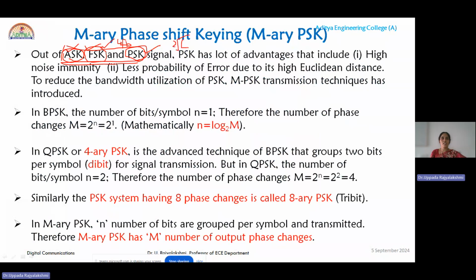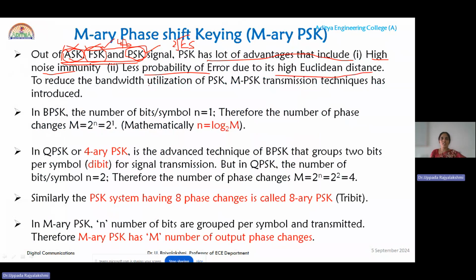Once the Euclidean distance is more, automatically the probability of error will be less, which leads to an improvement in the SNR. So PSK has a lot of advantages when compared to ASK and FSK. It has high noise immunity, and similarly less probability of error due to its high Euclidean distance.